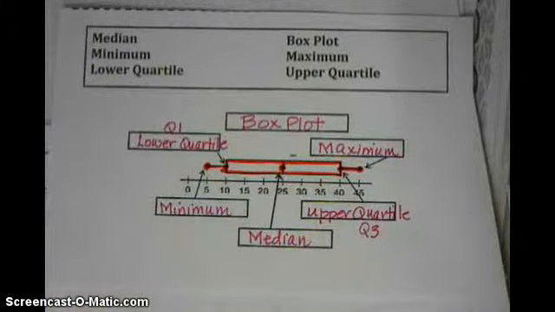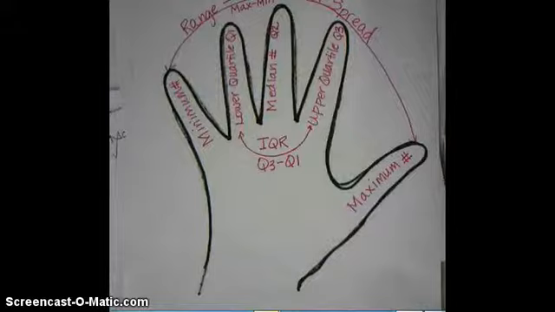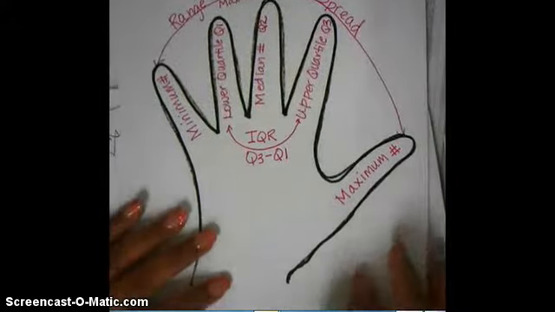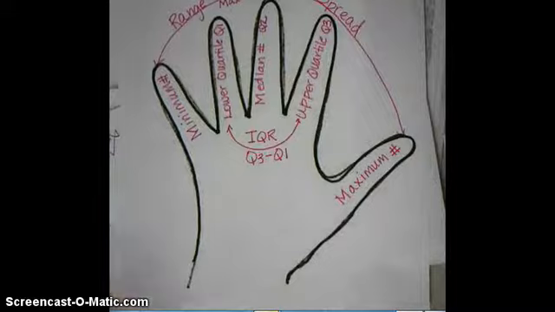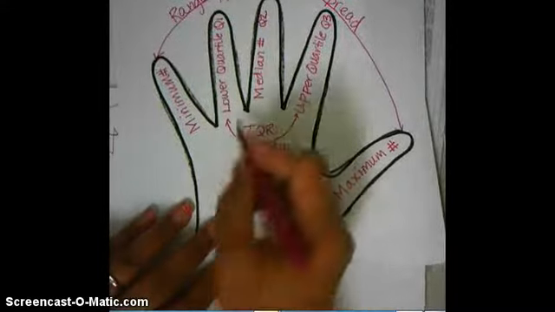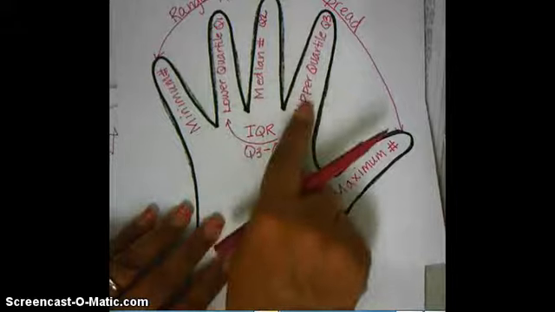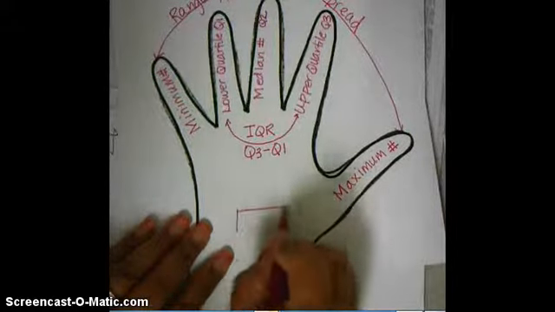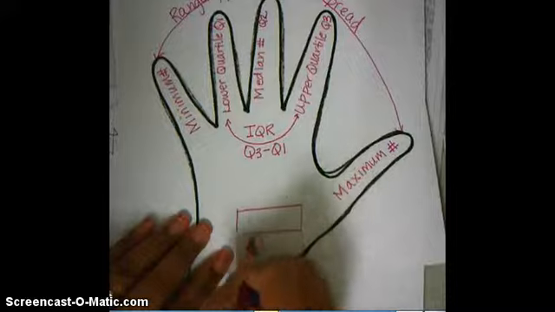Now I want you to go back to your hand. Okay, so here is the hand that we have already completed. What I want for us to do now is draw the box plot around to show where it would be located in my hand. The box is always between the lower quartile and the upper quartile, so I'm going to make sure that my box is drawn between those 2 numbers.